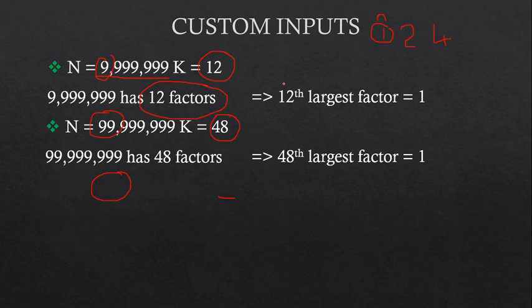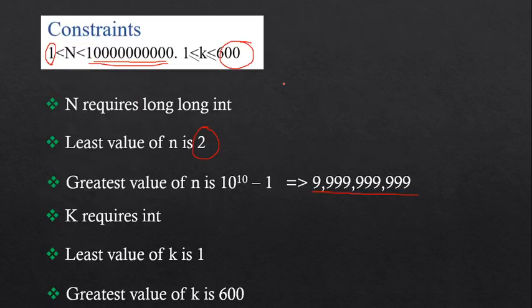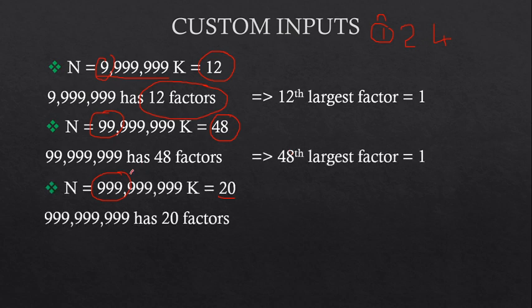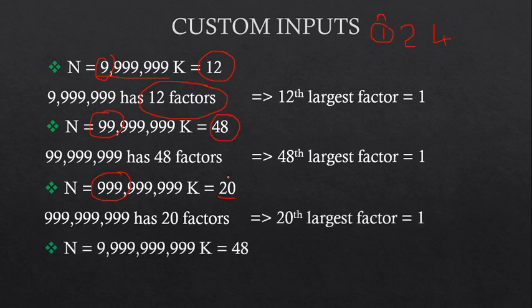Remember the maximum limit? The maximum input limit is 10 nines. Here we have worked only with 9 nines, but maximum input could be 10 nines. Can you understand?